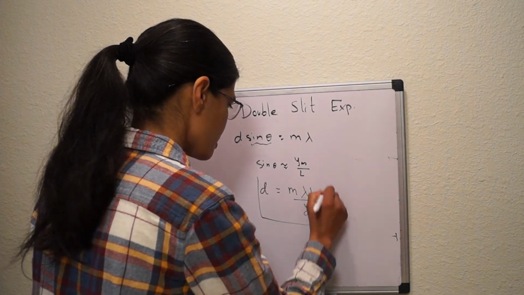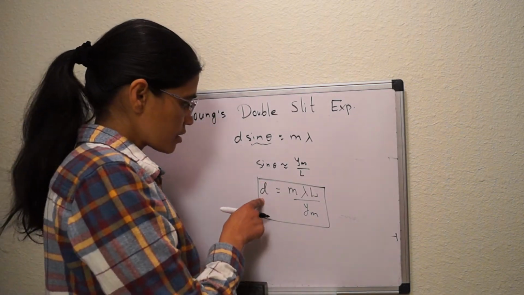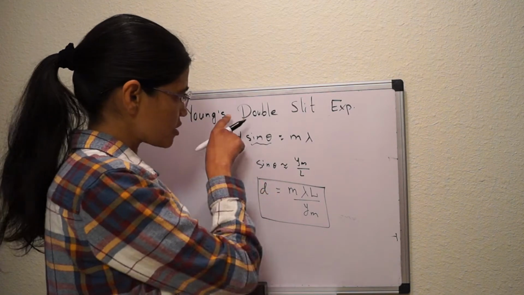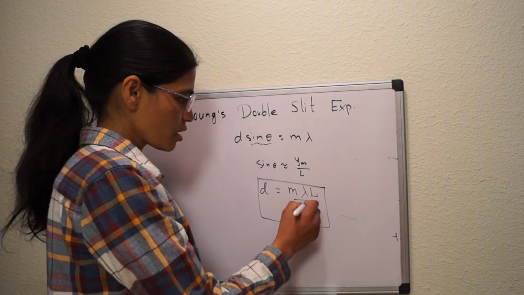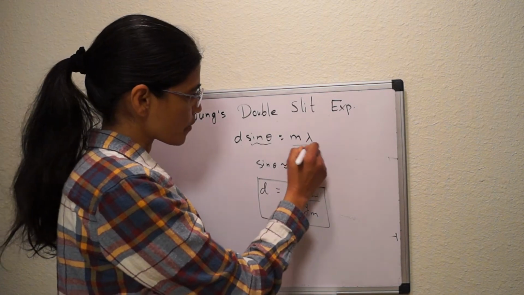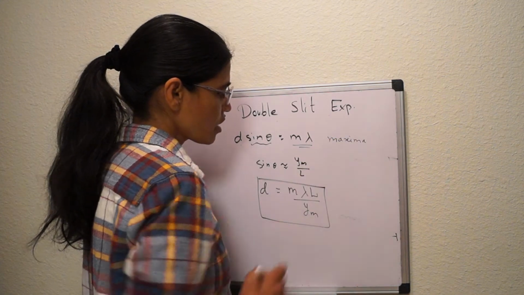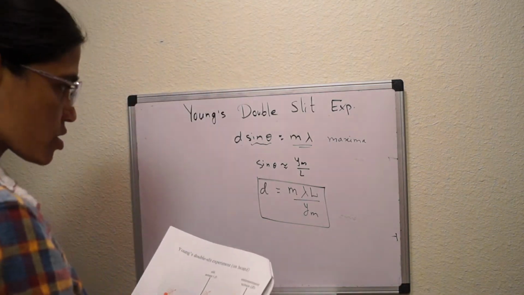So remember, this d is the distance between the slits. This is a double slit, and Ym is the position of the maxima, okay? This condition is for maxima, right?